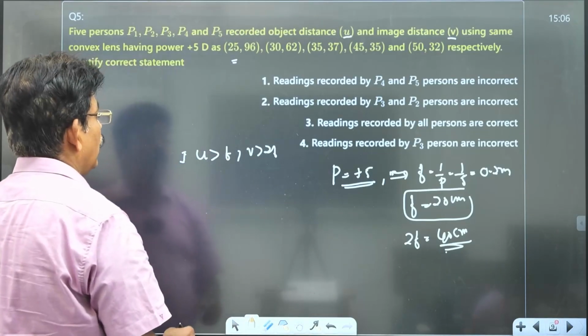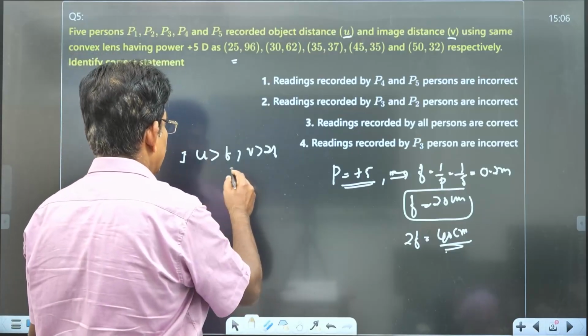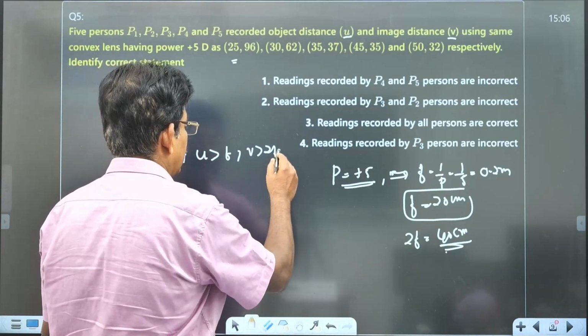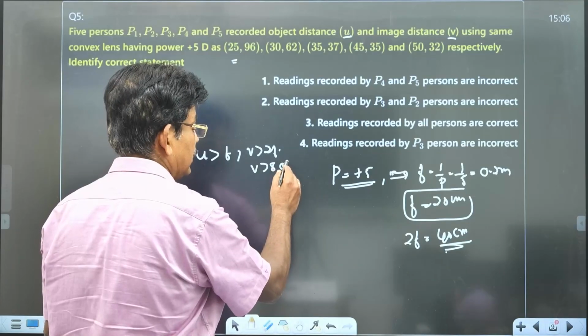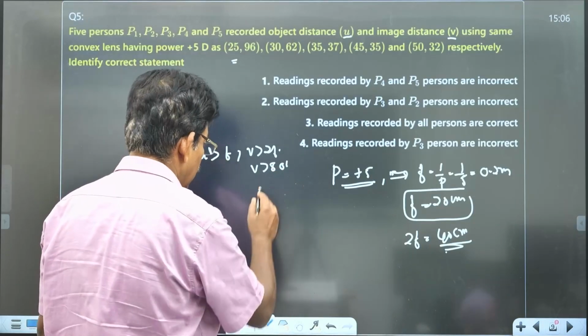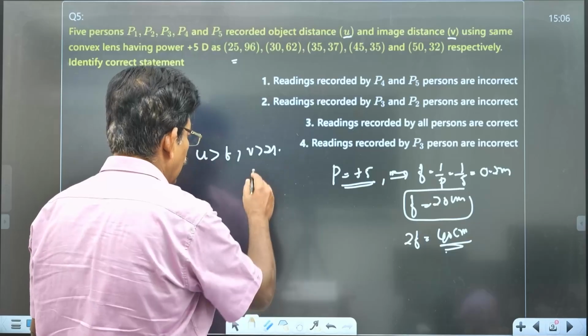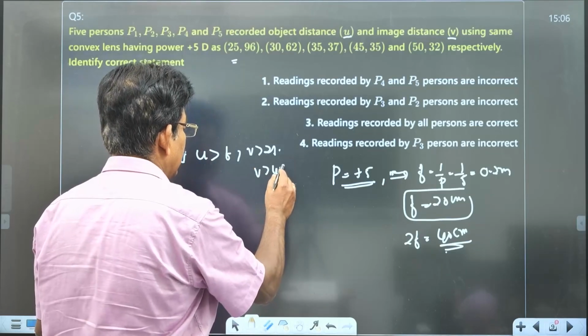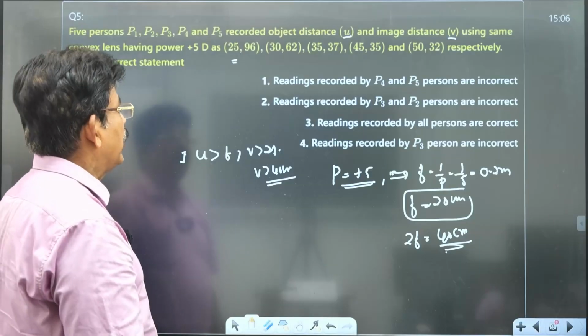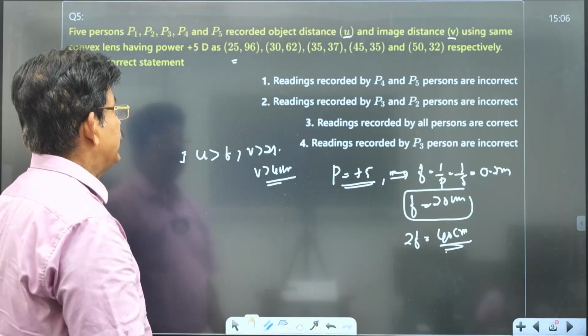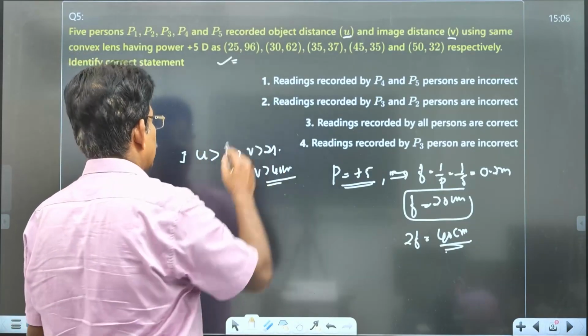Therefore, V should be greater than 40 centimeter. Let us check, is it coming correct? U is greater than F, 25, correct? And V is greater than 40 centimeter. This is a possible option.